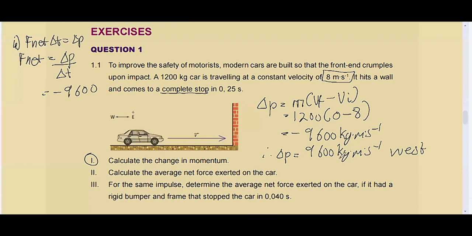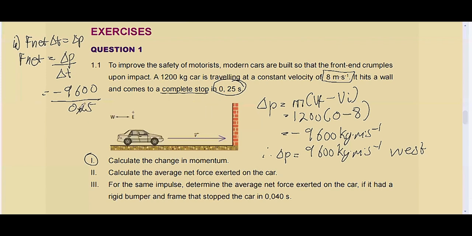Note that I'm not substituting it as a positive here, because my magnitude, I got it as negative 9,600. The west is just to indicate the negative direction. When I substitute the value, I substitute it as a negative. And my change in time is 0.25, since they said all this happened over a course of 0.25 seconds.